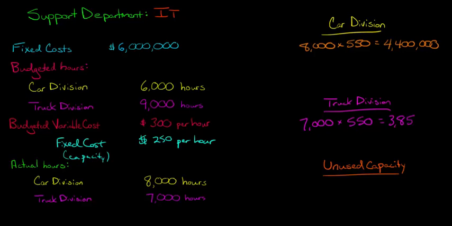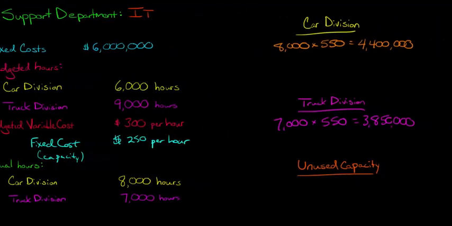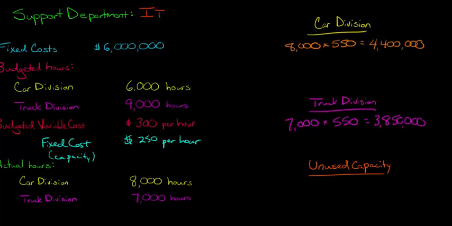So $3,850,000. Now the nice feature of doing this by capacity is now we can say, hey, wait a minute. We thought that we had a max capacity of 24,000 hours based on the $6 million that we spent in fixed costs. That was what our fixed costs would get us.